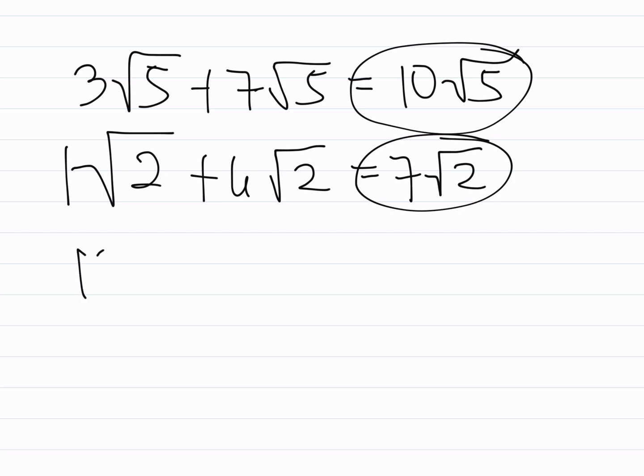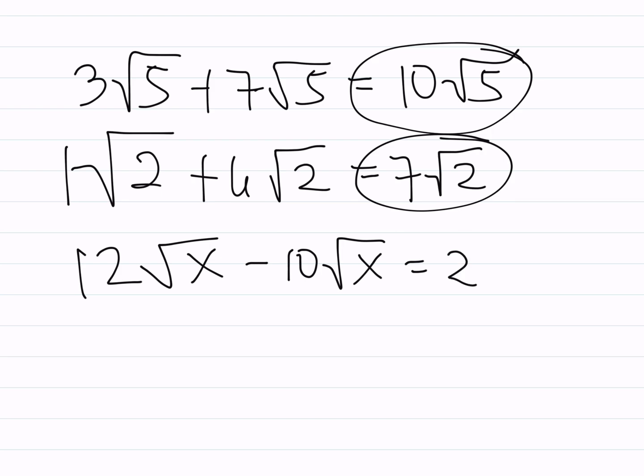Next, 12 square root of x minus 10 square root of x. The radicals have the same index and the same radicand, so you simply subtract the coefficients. So 12 minus 10 is 2 times the square root of x. So that's the answer.